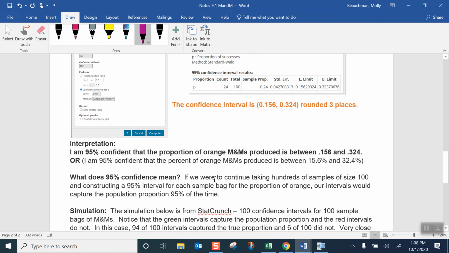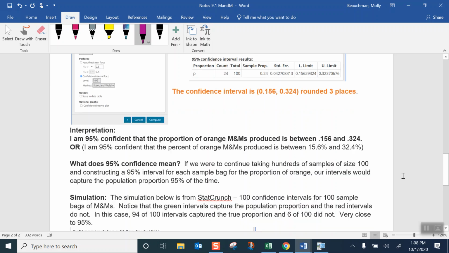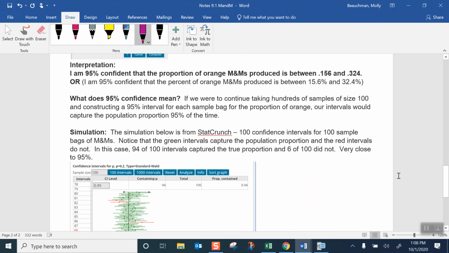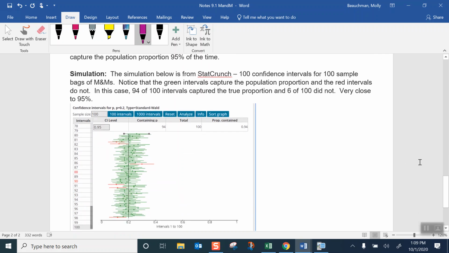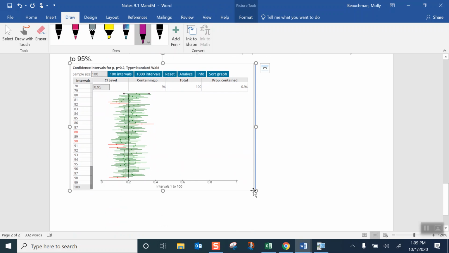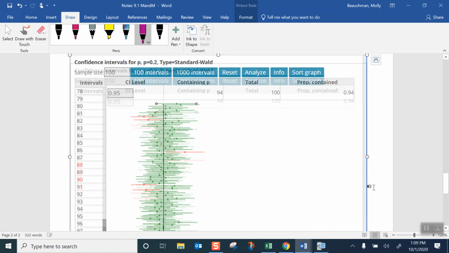So what does that 95% confidence mean, or any level of confidence? If we were to continue taking hundreds of samples of size 100 and constructing a 95% interval for each sample bag, our intervals would capture the population proportion 95% of the time. So I'm going to show you results from a simulation from StatCrunch.